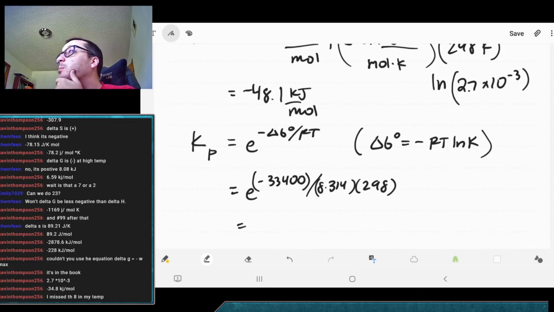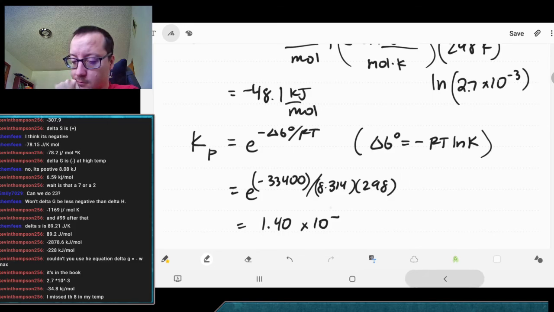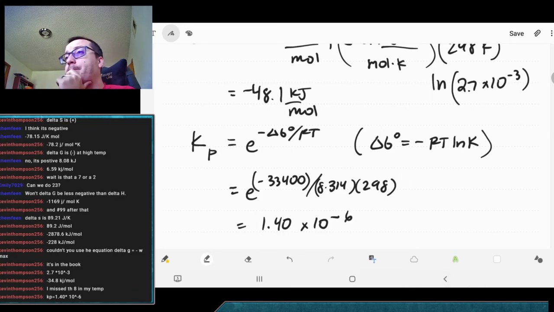And we get Kp to be 1.4 times 10 to the negative 6. Awesome, we've done it. And so that would be the equilibrium constant at this temperature.